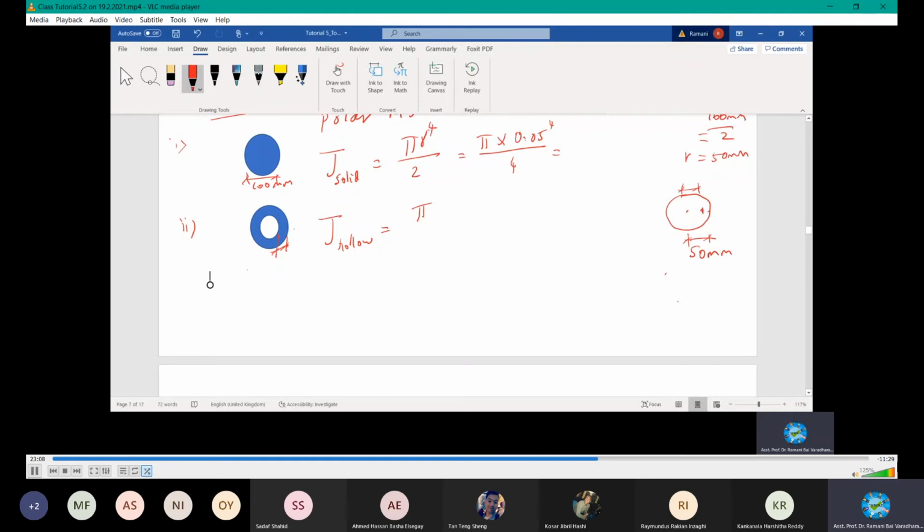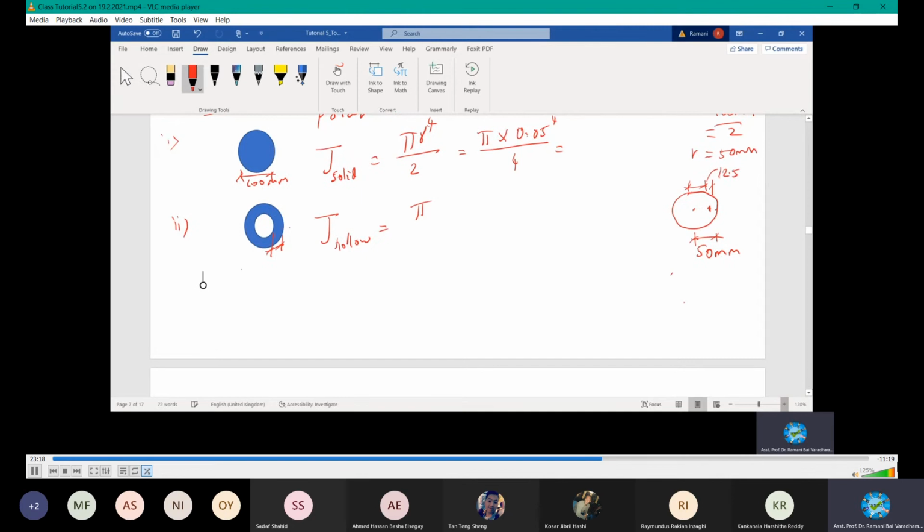Now 50 minus, we already found that this gap is 12.5, and this is 50. Can you subtract now? 50 minus 12.5 will be 37.5. Are you clear with this calculation?